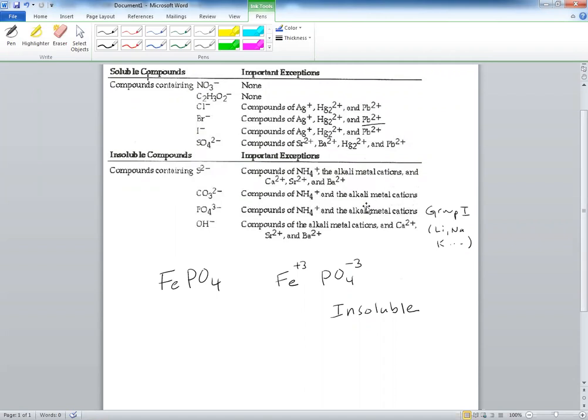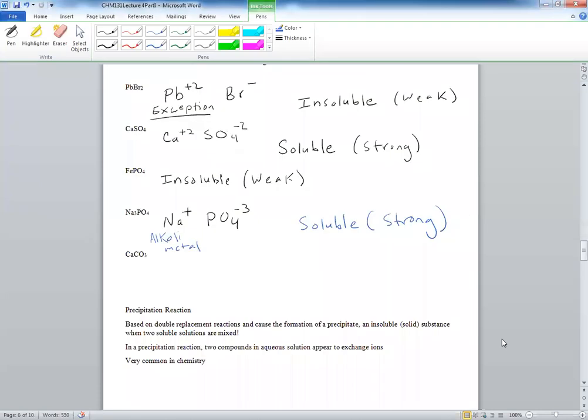So therefore, it remains insoluble. And that's why we said chalk or limestone is insoluble. So in this case, it is insoluble. So it's a weak electrolyte.